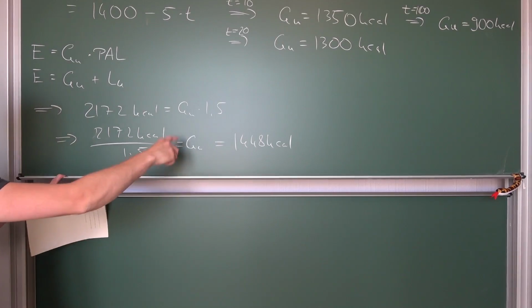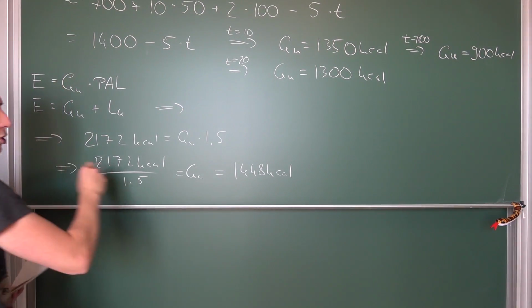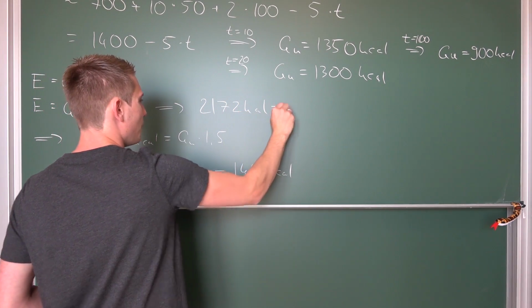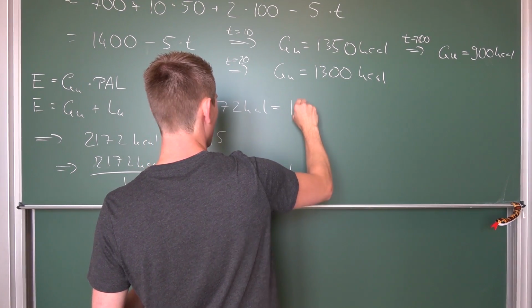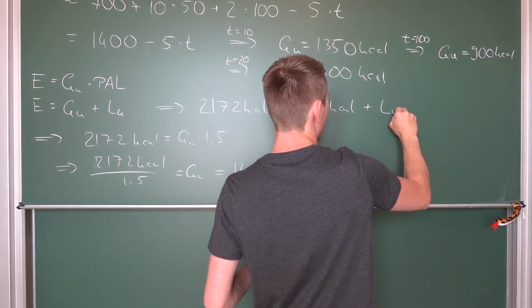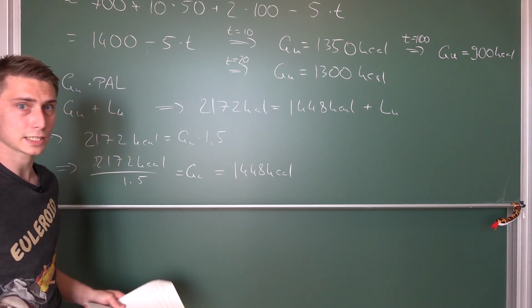And now we are having our GU, which we can plug into here. Meaning if we were to plug this in, we have the energy demand given yet again, so that's 2172 kilocalories, being thus equal to 1448 kilocalories plus our active metabolic rate. And now it's easy to solve for our active metabolic rate.